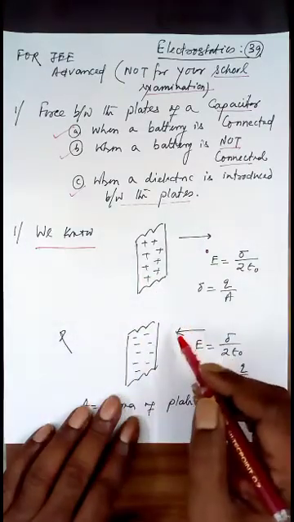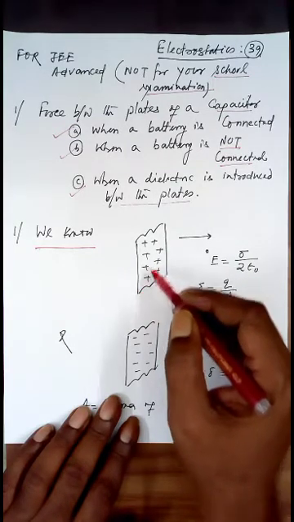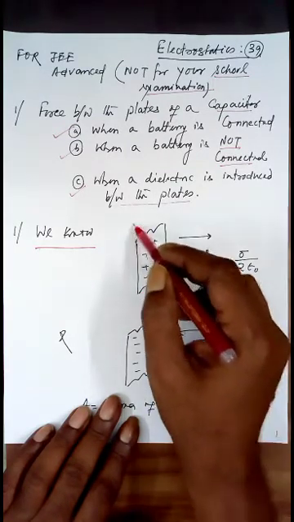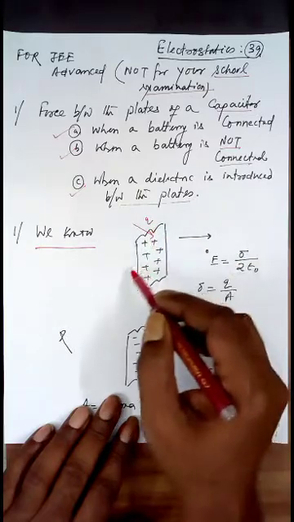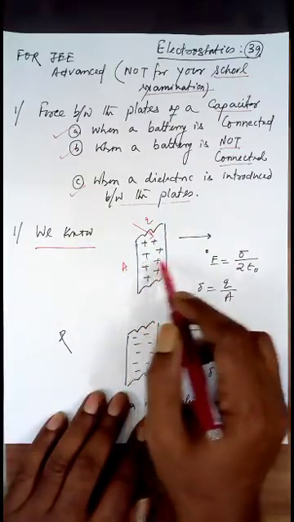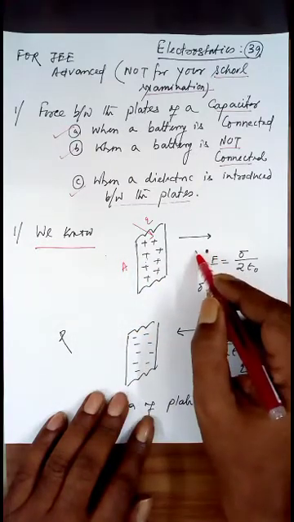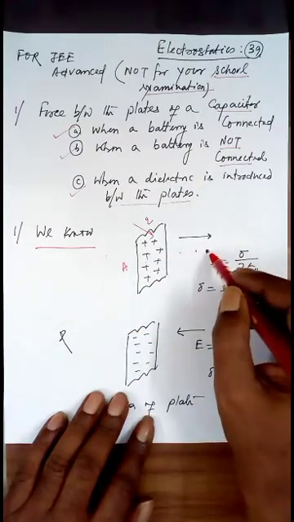What understandings are required is the following: an infinite sheet of charge Q is distributed on it, its area is A. Due to this, on either side, at any point, what is the electric field?